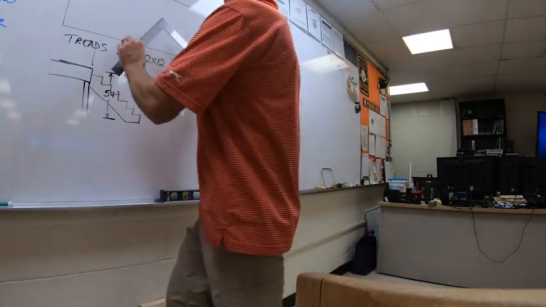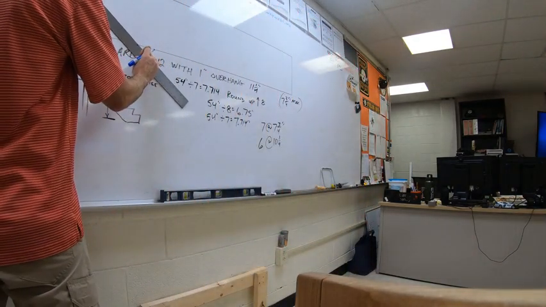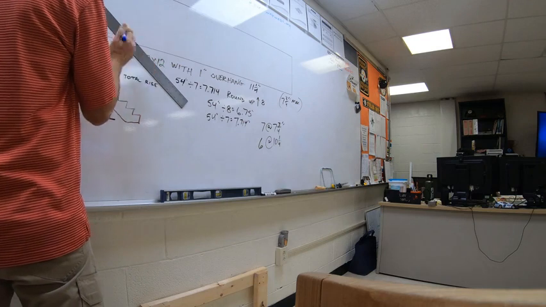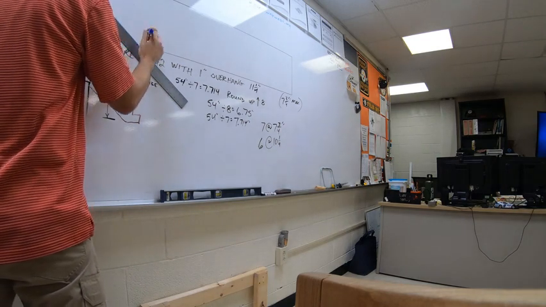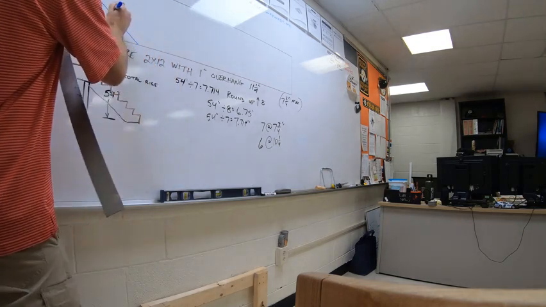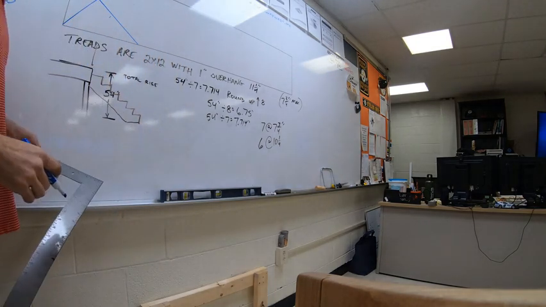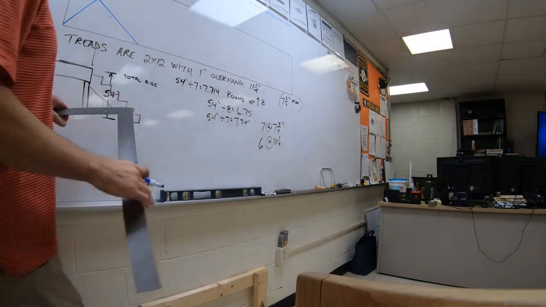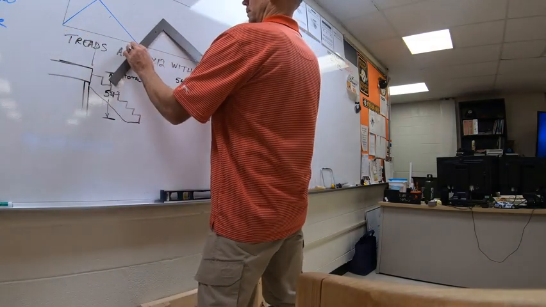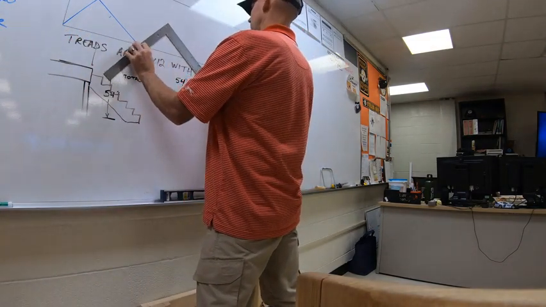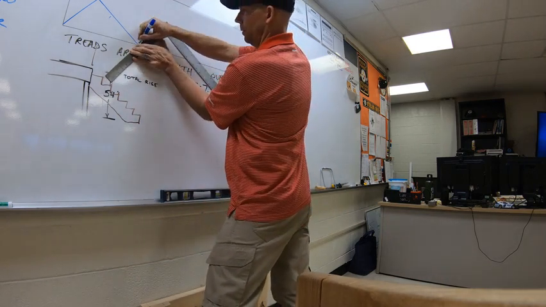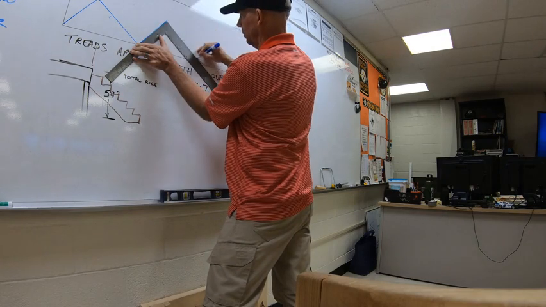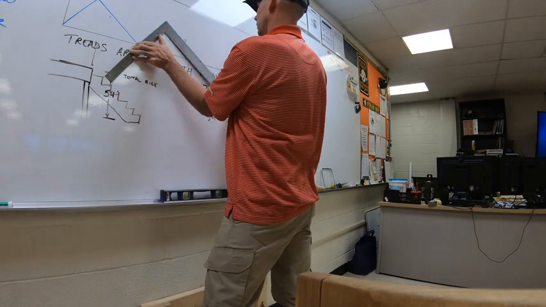And we'll do it. So I start at the very corner here, 7 3/4 up, 10 1/4. That's one. How many times do we have to do this? 7. That's 2.